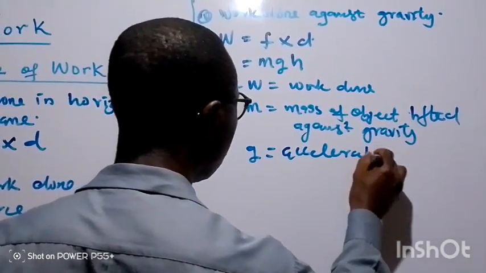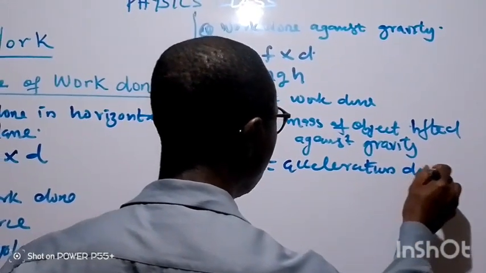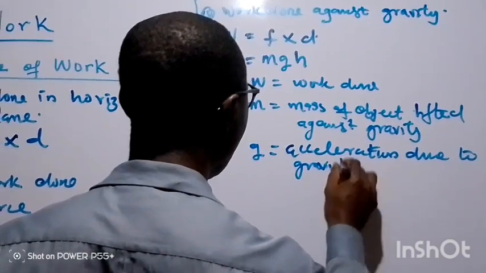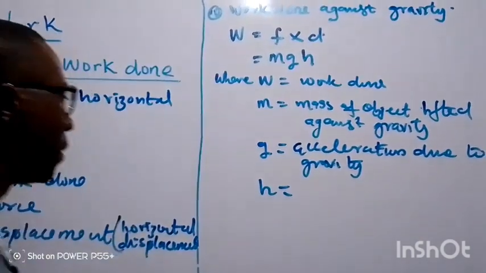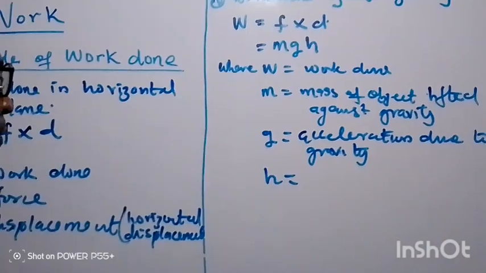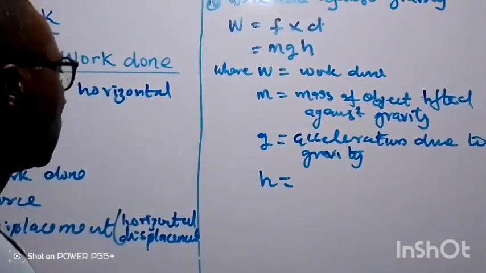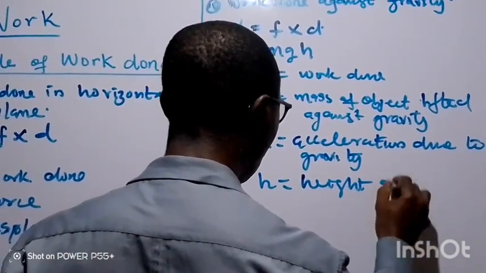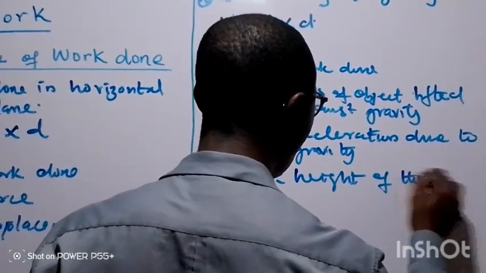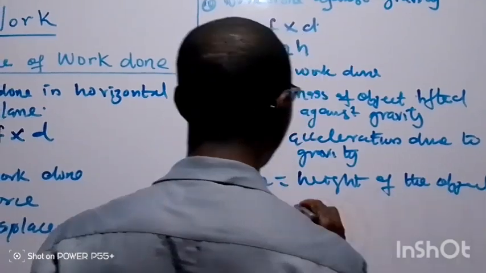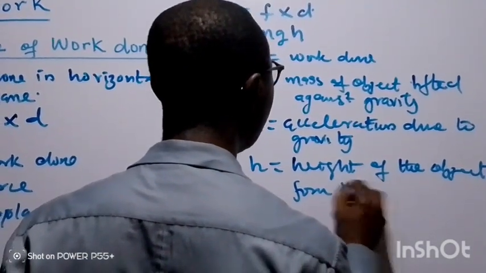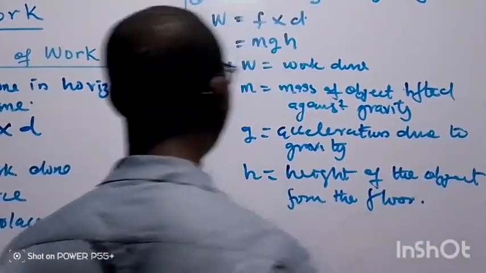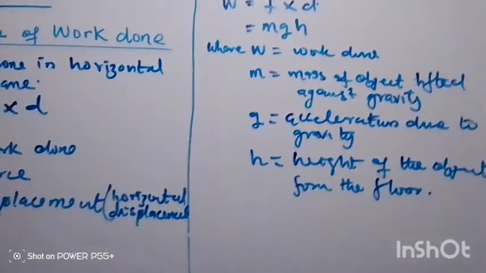And H is the height of the object from the floor. When you measure H from the floor to the height that is being lifted, or if it is coming down, from that maximum height to the floor.